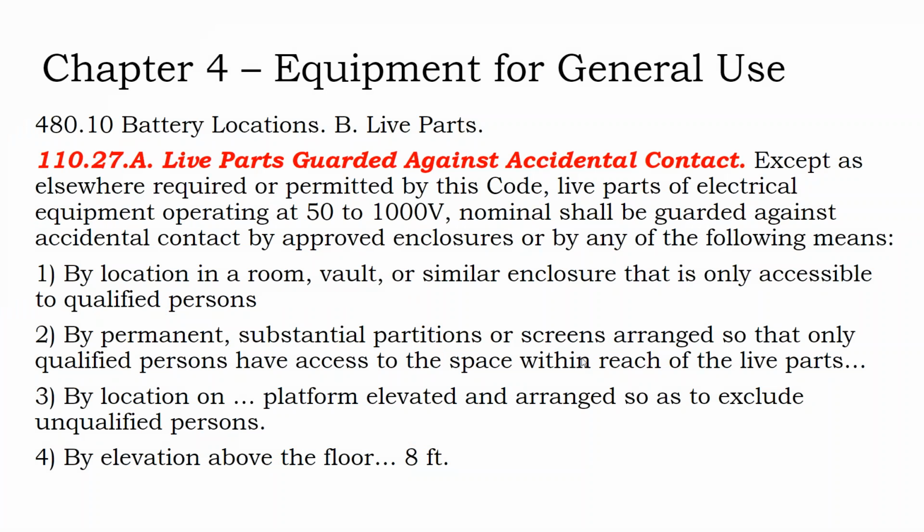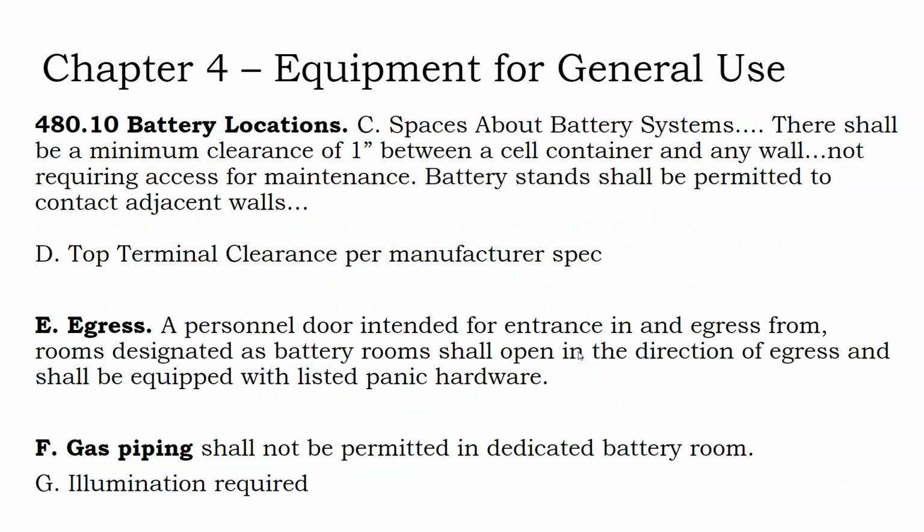We'll see that a Tesla battery is now allowed to just be on the wall in the garage because it's part of a complete manufactured assembly. But the spirit of this is, your electrical parts that are live, that you could touch and hurt yourself, need to be guarded and protected.